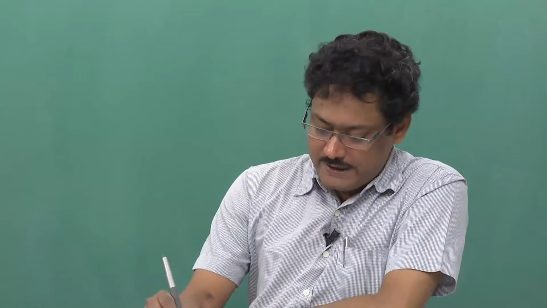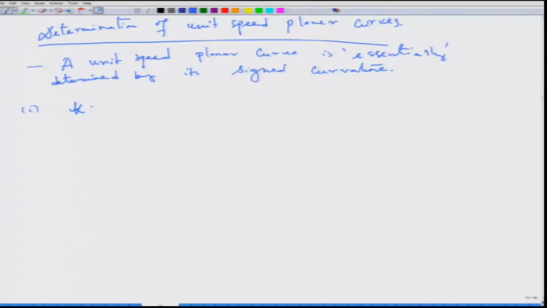So first, suppose I have a smooth function k. Smooth function means a derivative always exists.